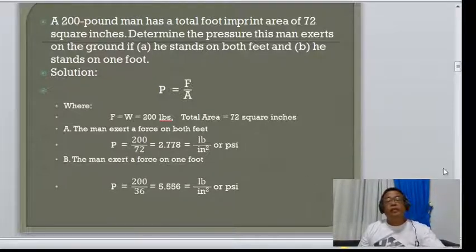So this is the very basic problem, in order to apply how you are going to calculate the pressure based on the basic formula.